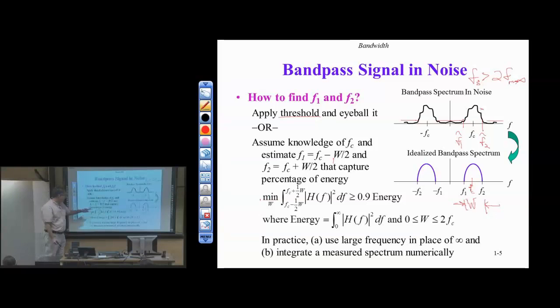So the band of frequencies that I'm measuring is between FC plus half W, which is F2, and FC minus half W, which is F1. The only free parameter in here is capital W, because I'm assuming knowledge of FC, the center frequency. And then the total energy is calculated as before. It's over the whole frequency band that I care about.